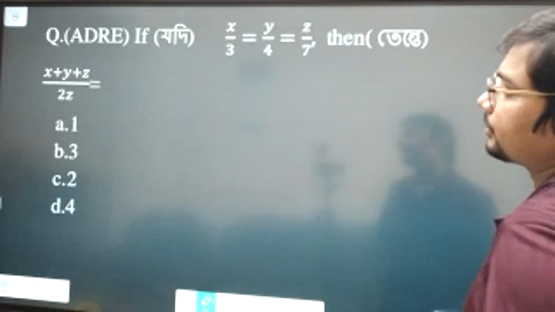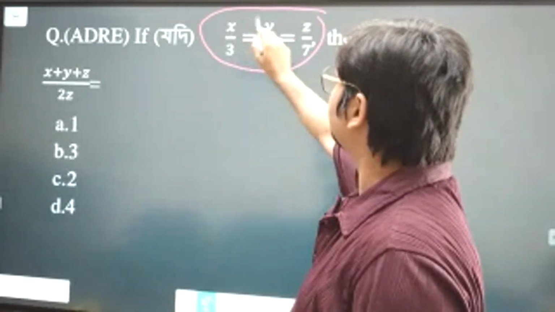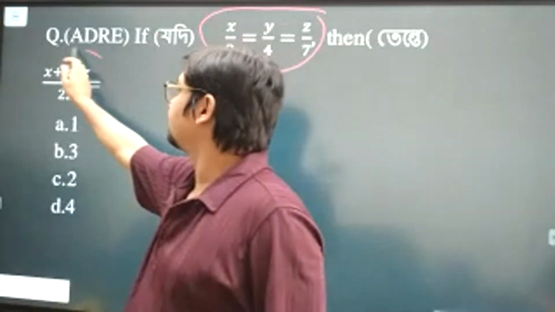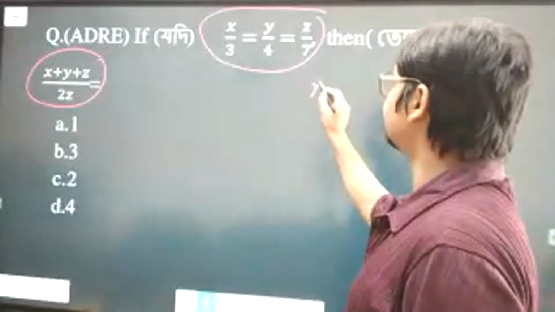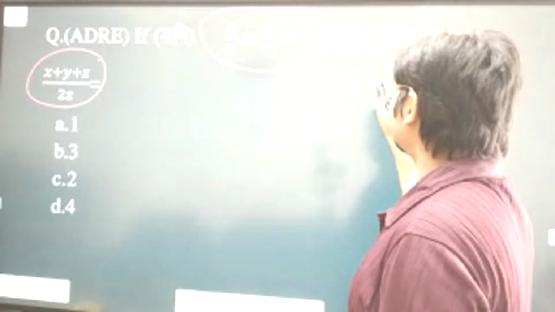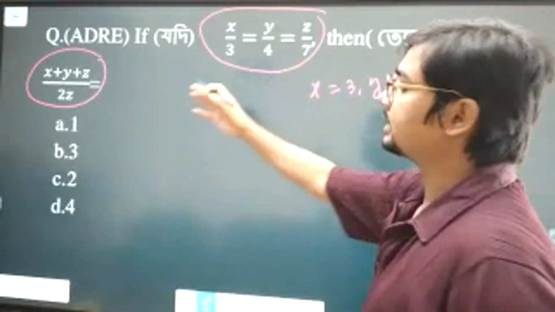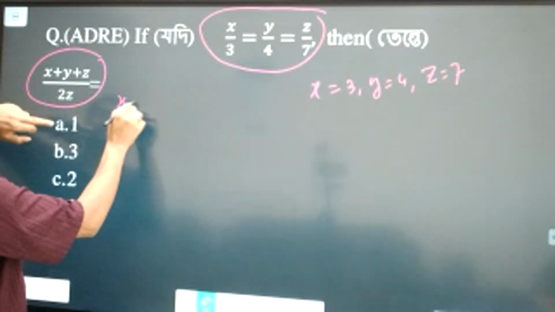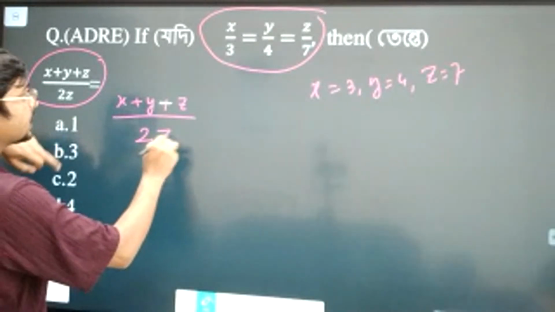You see this question here, a similar question they provide. If x by 3, y by 4, z by 7 is given, then what will be the value of this one? Simply what we do here, just choose x is equal to 3, y equal to 4 and z equal to 7 and put these values here. So what will be the value here? x plus y plus z divided by twice of z.